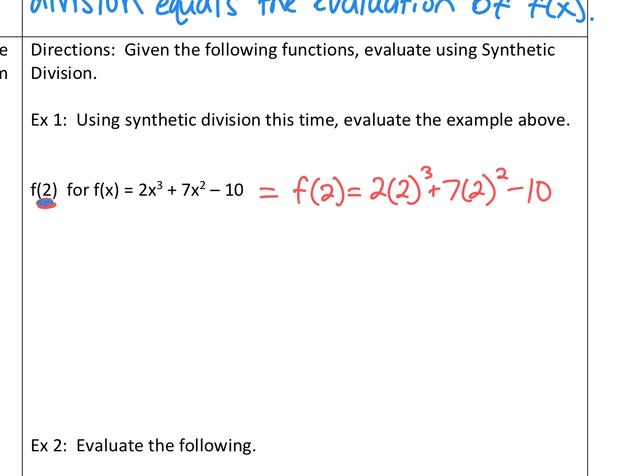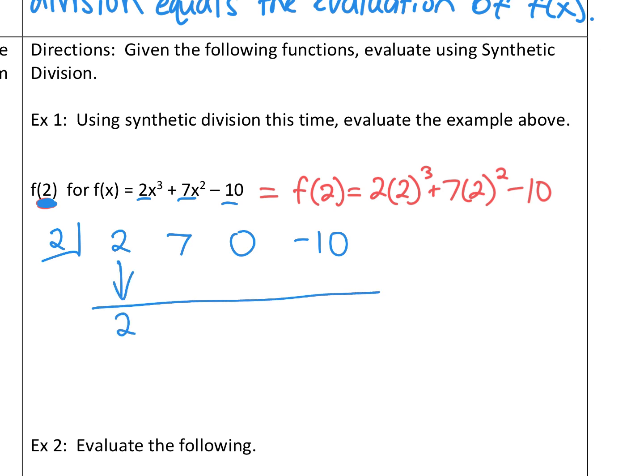We use the number that it's giving me, which is 2, as my ledge guy. So we'll make the 2 that we're plugging in my ledge guy. We'll set up our numbers going across. In this case, it would be 2, 7, 0, because we're missing an x, and negative 10. Leave a little blank.